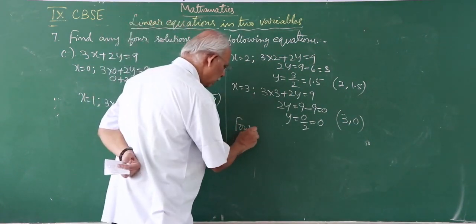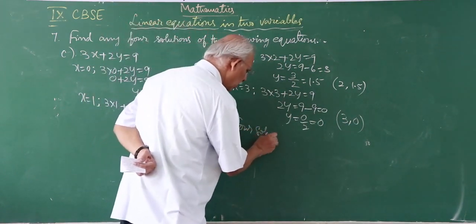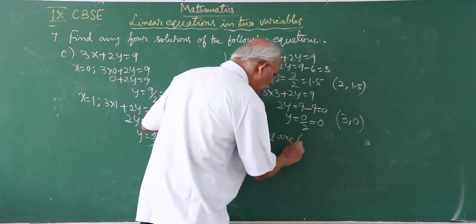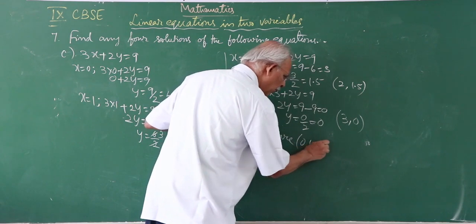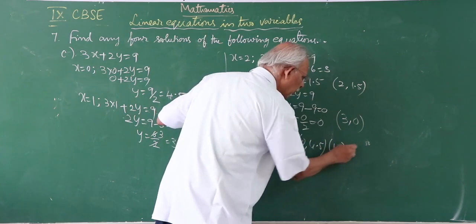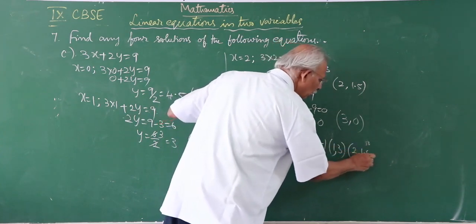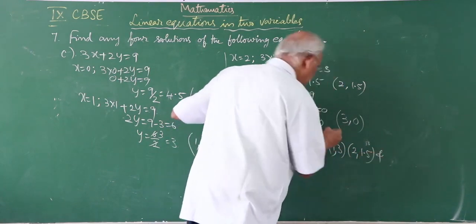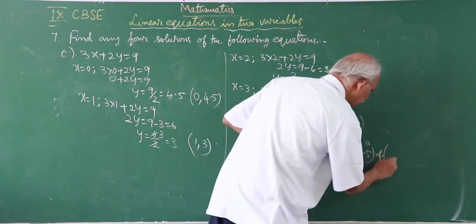So you have to write like this. 4 solutions are 0, 4.5; 1, 3; 2, 1.5; and 3, 0.